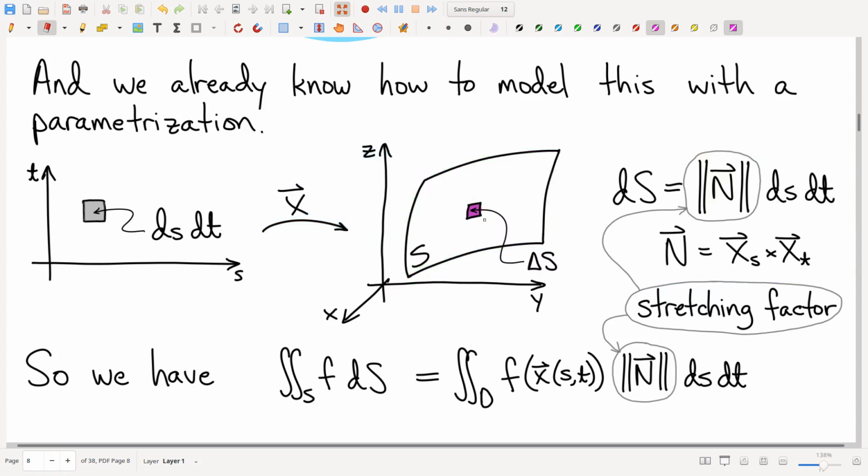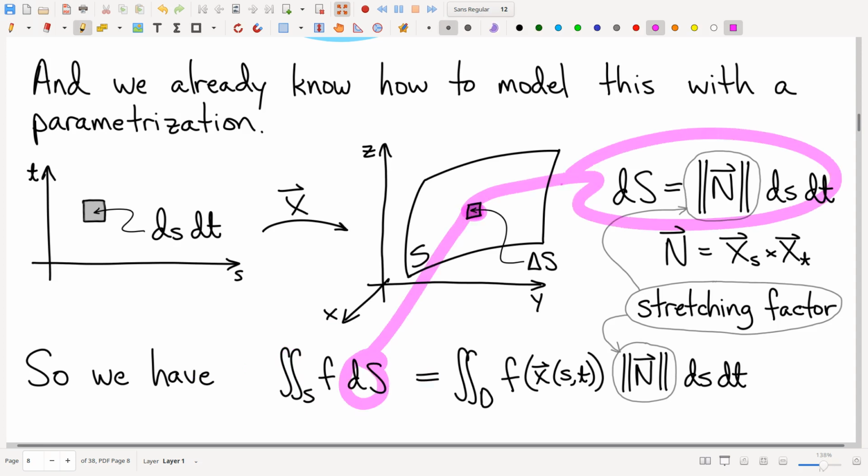So finally, here we go. Scalar surface integral. The dS that we have here, that little piece of area, we have this formula. Right?